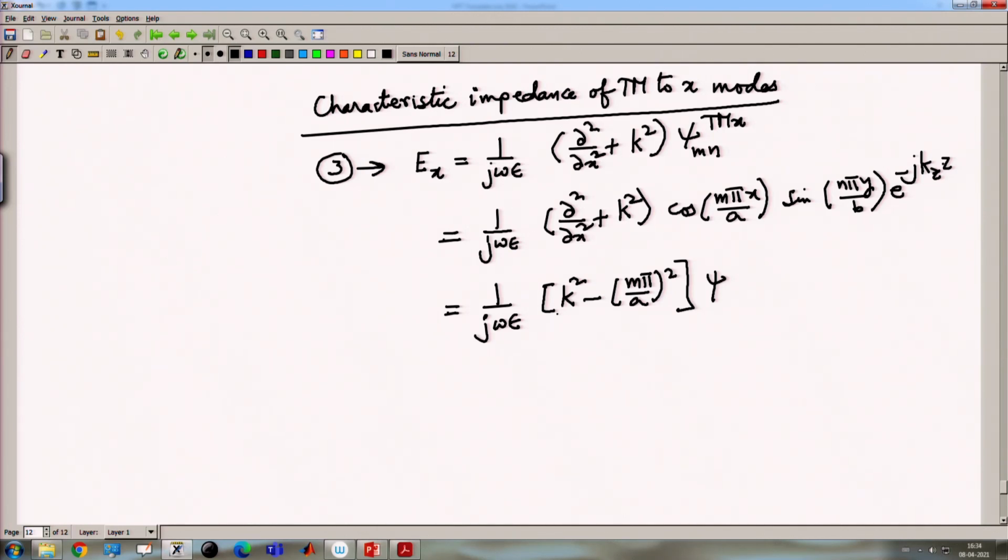So it becomes k square minus m pi by a whole square psi. So that is equation 9.